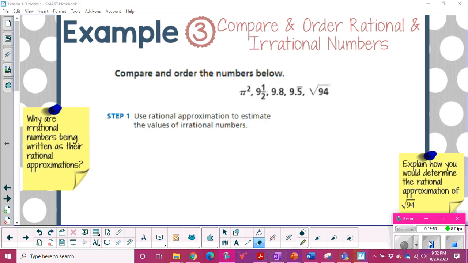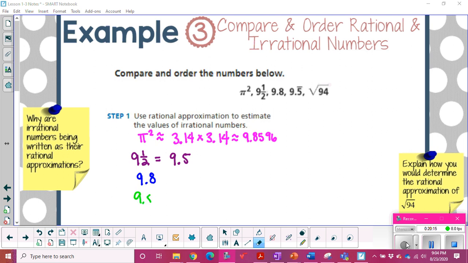Pi squared is approximately 3.14 times 3.14, which is approximately 9.8596. 9.5 is 9.5, and we have 9.8, which is just 9.8. And then you have 9.5 repeating, which is just 9.5555 dot dot dot. It keeps going on forever, right?